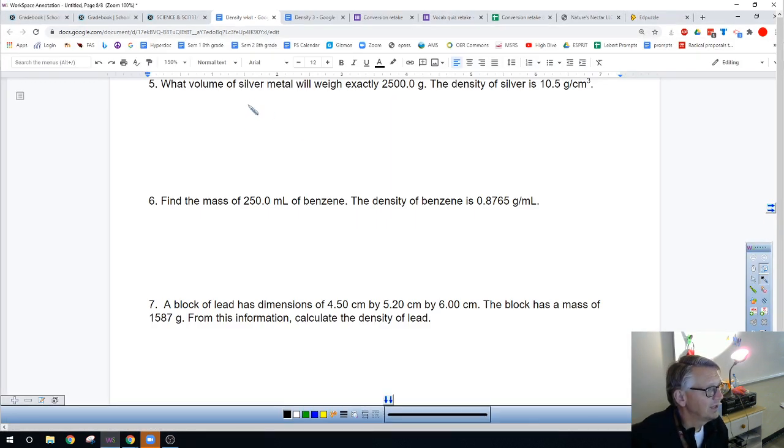Number 5, the volume of silver metal weighs exactly what volume? Sorry, we're trying to solve for volume. There's our mass, and it has a density of that. So density is mass divided by volume, and if we're looking for volume, we need to take mass divided by density.